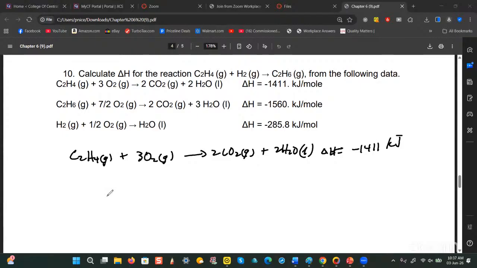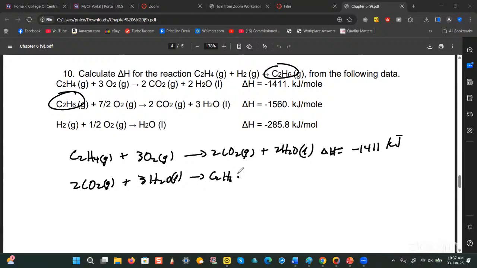Flip the second equation. Exactly, because in the case of the second equation, you have C2H6 on the left. Here in the original equation, it's on the right. So I would flip it. When I flip it, I'm going to end up with 2 CO2 gas plus 3 H2O liquid to give C2H6 gas plus 7/2 O2 gas.